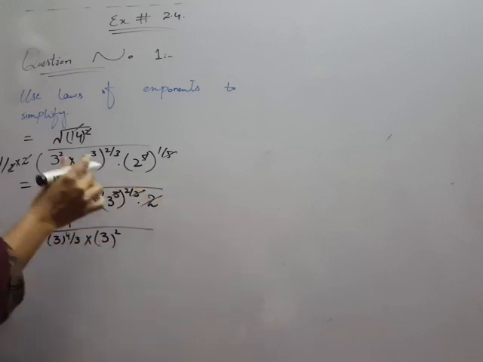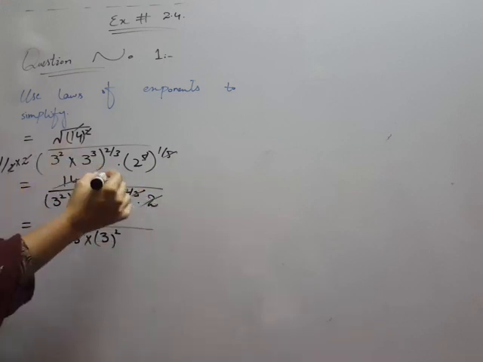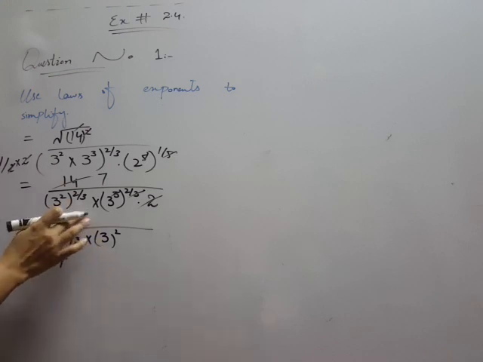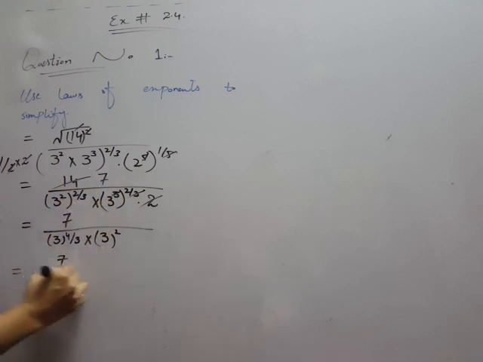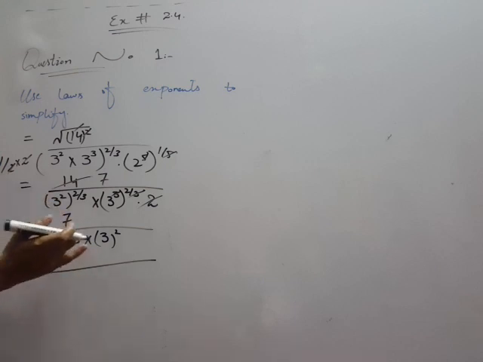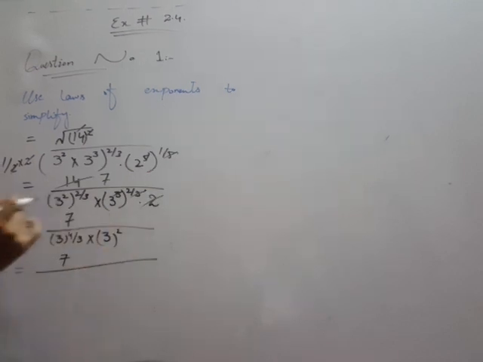So this 2 and 14 can be cancelled, 2 sevens are 14. Here put 7, and in the denominator it is 3 raised to power 4 by 3 and it is 3 square.